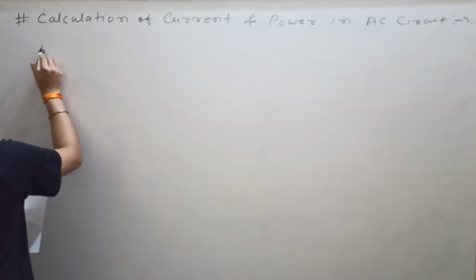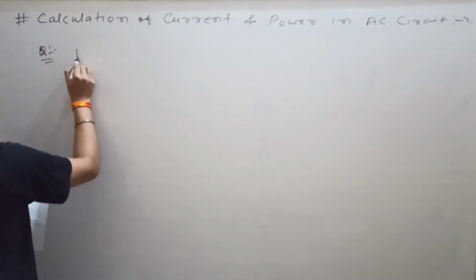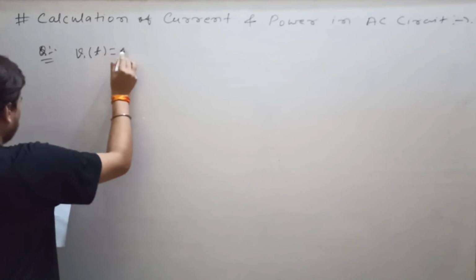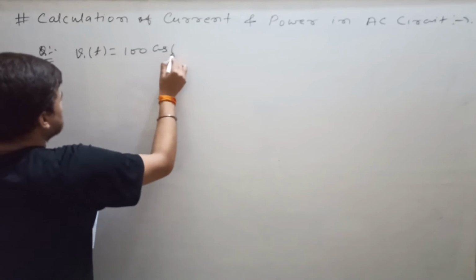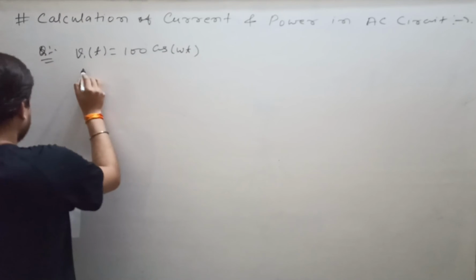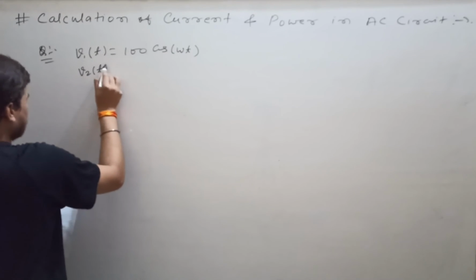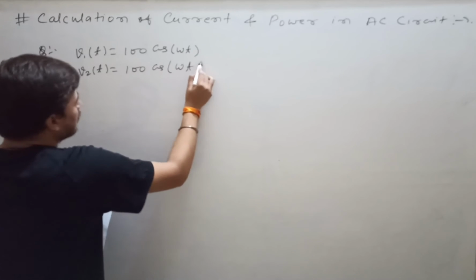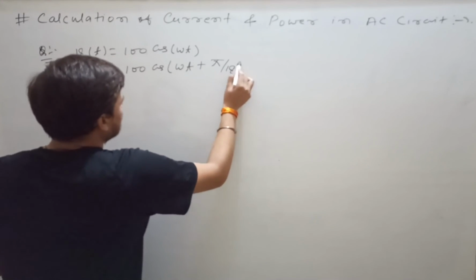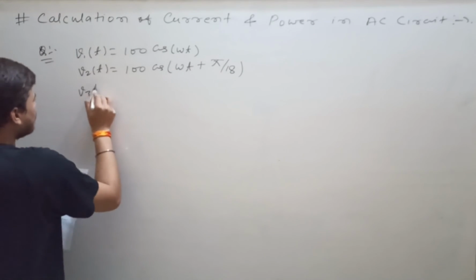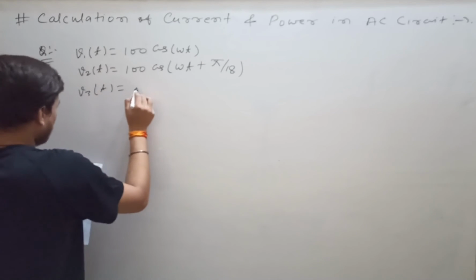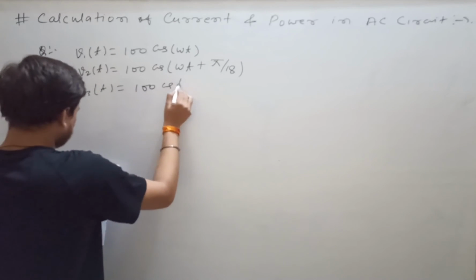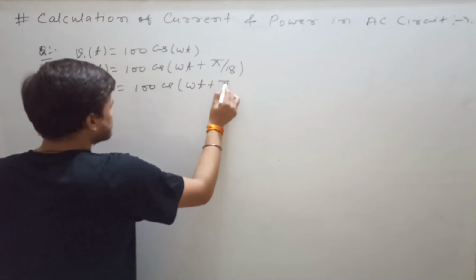Given that V1(t) = 100 cos ωt, V2(t) = 100 cos(ωt + π/18), and V3(t) = 100 cos(ωt + π/36).